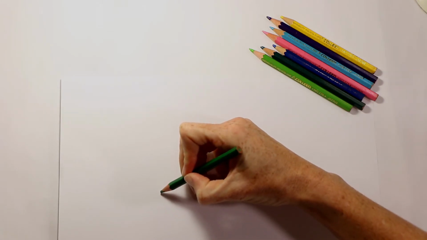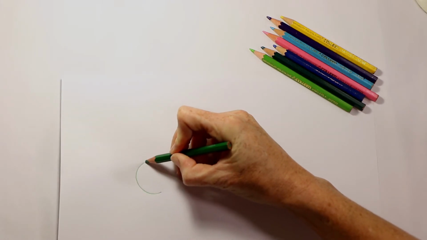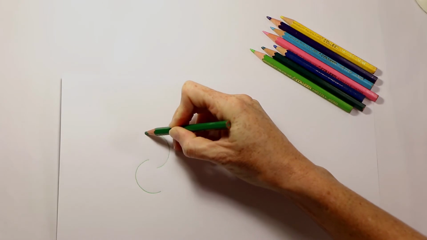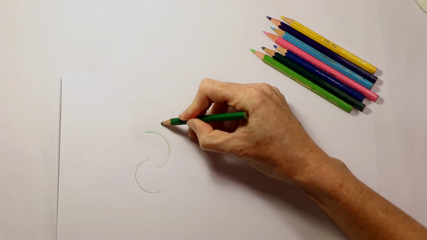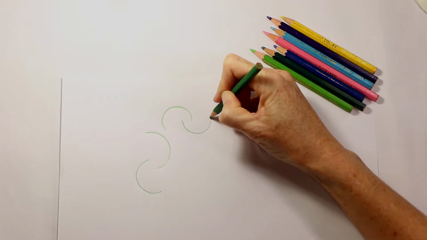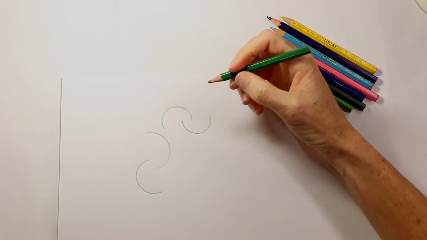Let's say the curved line. I'm going to swing it around, and then swing it around, and then swing it around, however you please. It doesn't look like much, and that's okay.